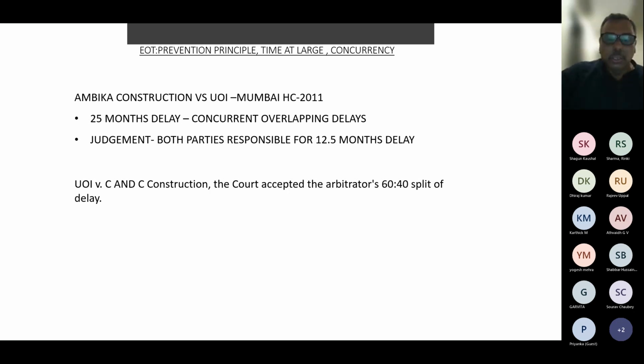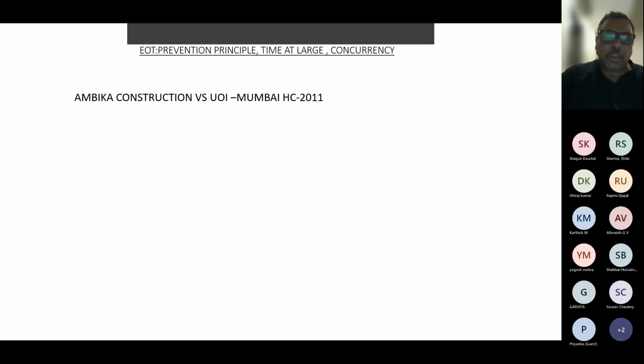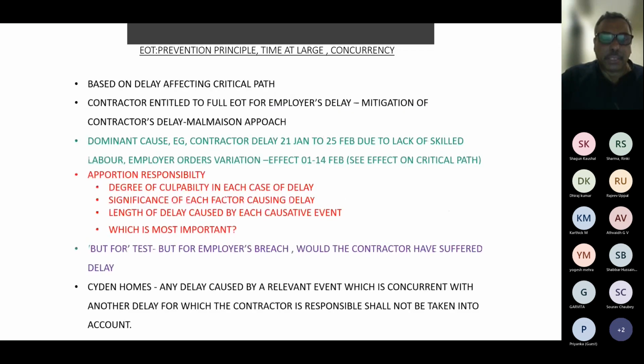So the whole aim is that you must add some clause as per your wisdom. I would recommend adding a clause of the Malmaison approach. But if you have an employer, like I found with MP Tourism, who is a little chary of audit and doesn't want to give anything to the contractor, then you add the clause of the Saint Holmes approach, where the contractor will get nothing.